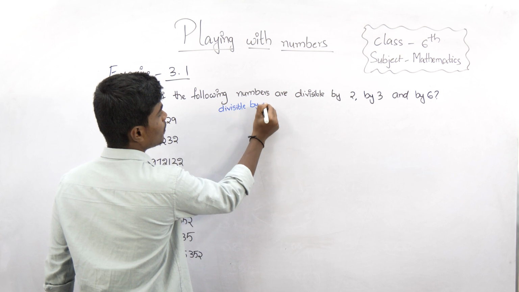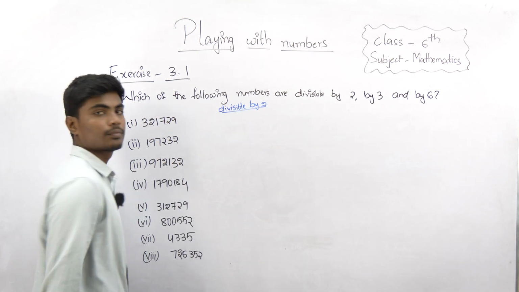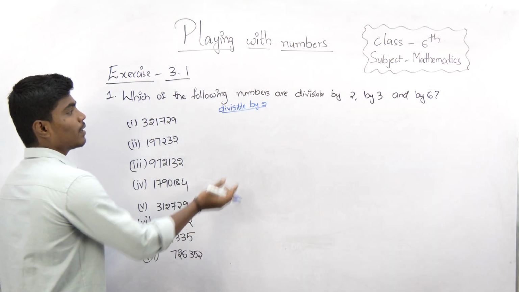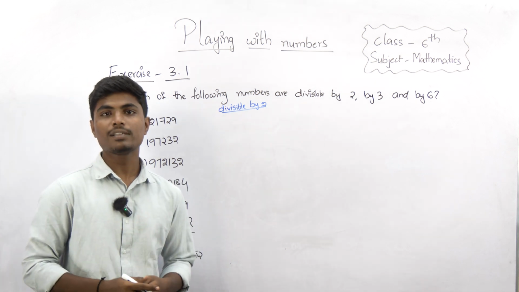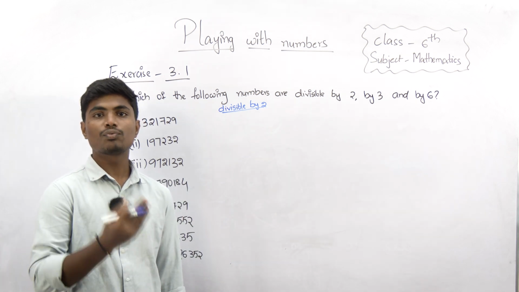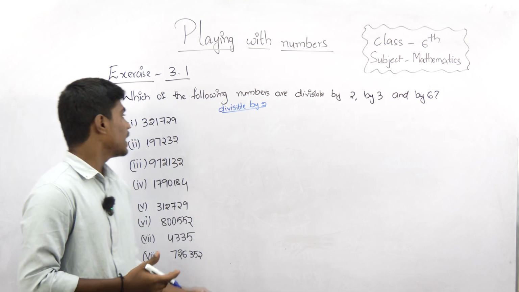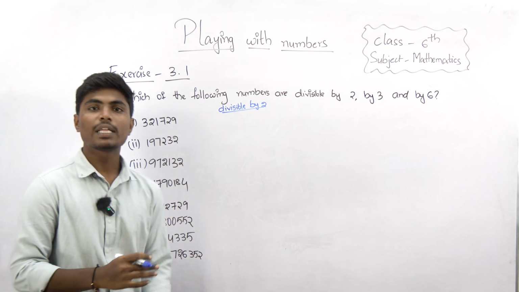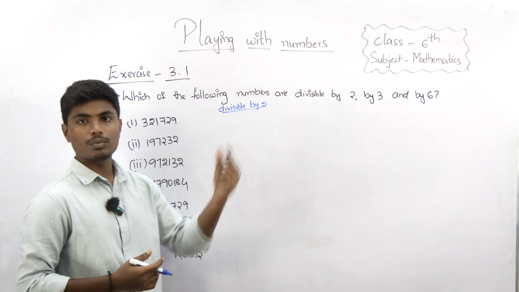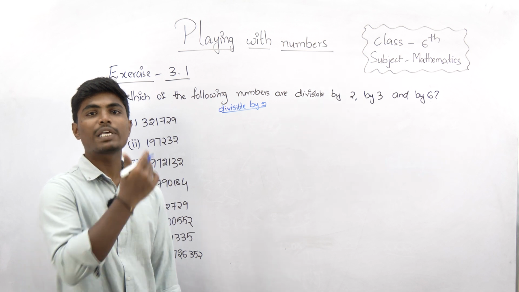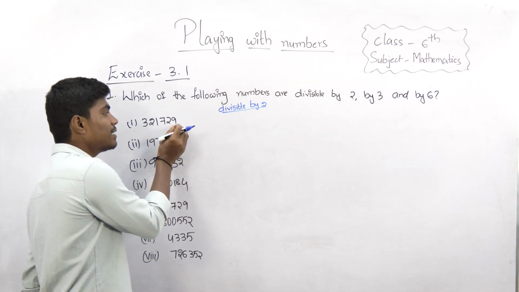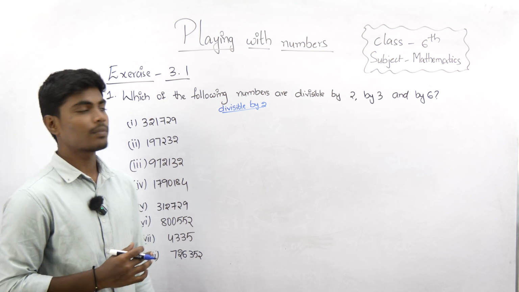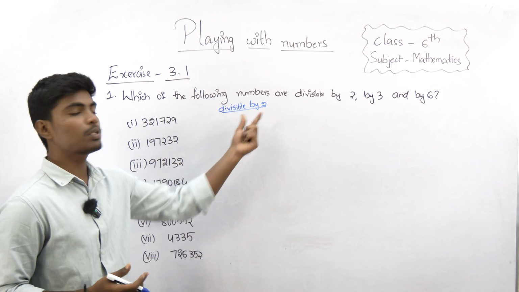What is the divisibility rule of 2? If the number has 0, 2, 4, 6 or 8 in its ones place, then the number is divisible by 2. We have to check the ones digit of each number and conclude whether it is divisible by 2 or not.